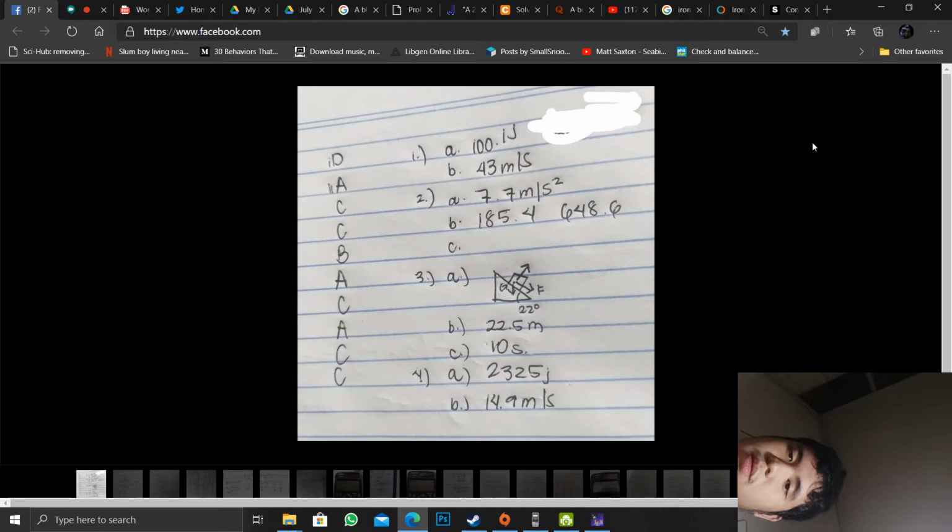Sige, habang nag-check ako, you can proceed to simple harmonic motion na yun, diba?